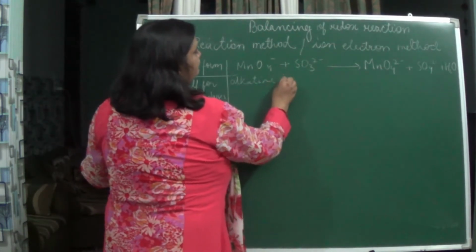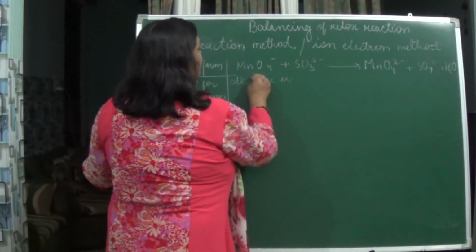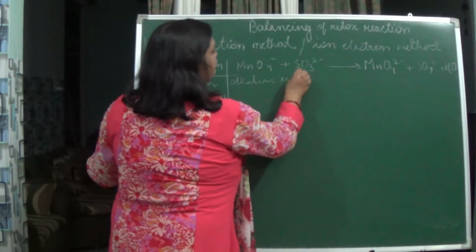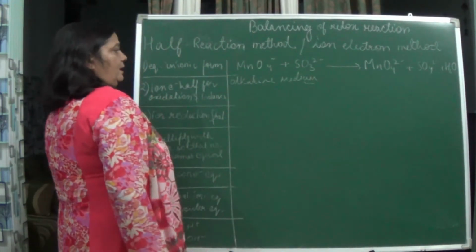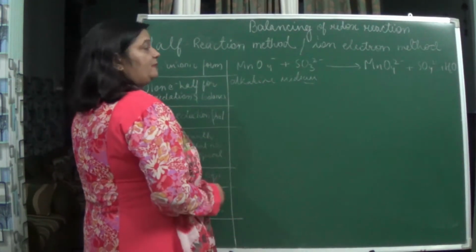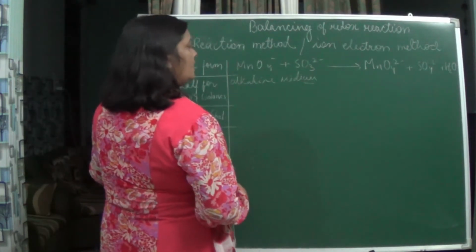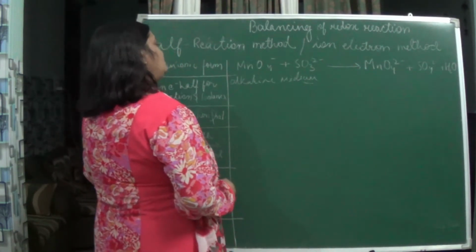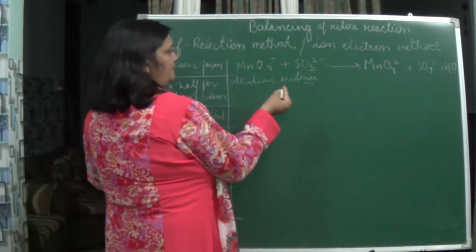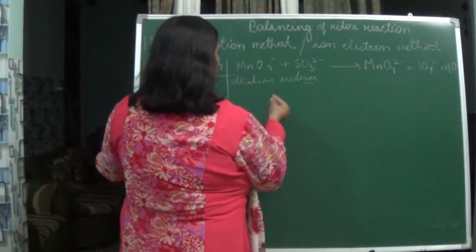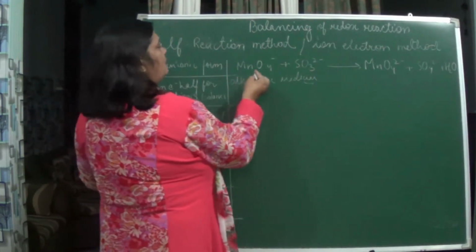Alkaline medium. So let us start. Okay. So we will be seeing which has been oxidized and which has been reduced. Okay. So first take out the oxidation number, the best way to see it. Okay.